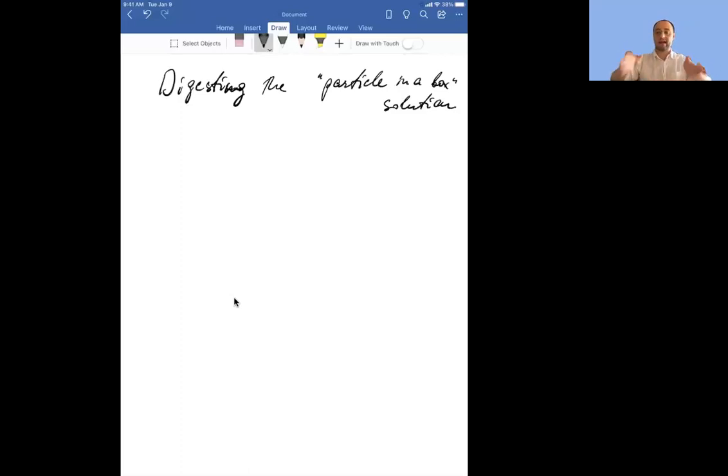The particle cannot escape. So particle in the box or infinite well physically corresponds to a situation of confining forces that prevent the particle from escaping from a certain region, but within that region, no forces. So classically, it's like a bead bouncing back and forth, ping, ping, ping, ping, ping, ping. That's what classically it is.